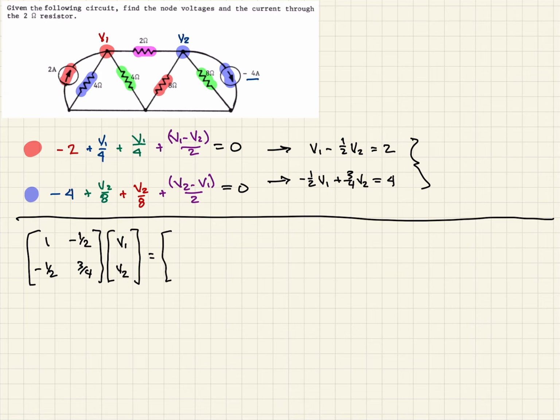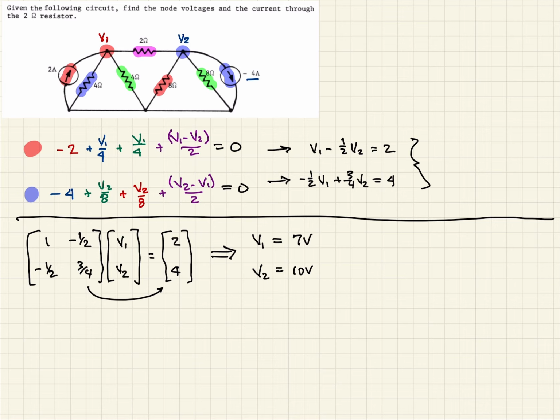And we set that equal to our results array. With that, we use our scientific calculator, enter that in and divide that into that. And when we do, we come up with the results of V1 equal to 7 volts, and V2 equal to 10 volts.